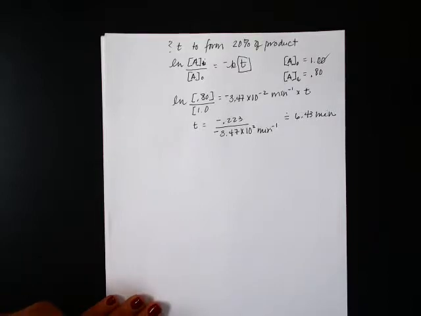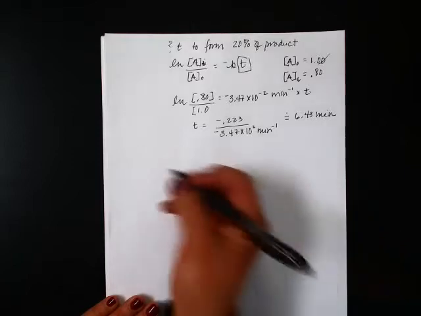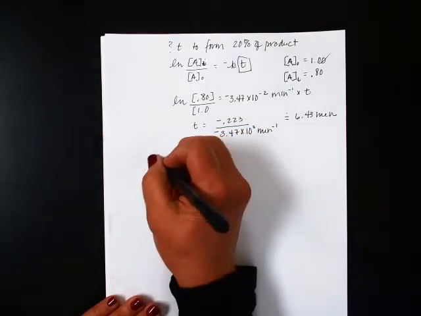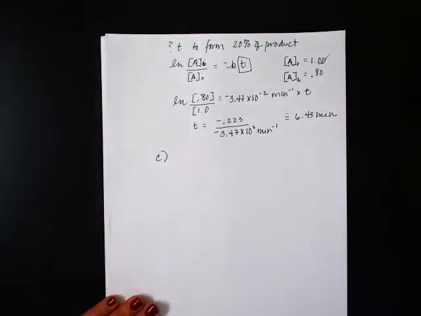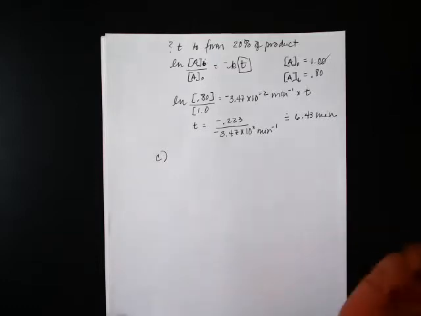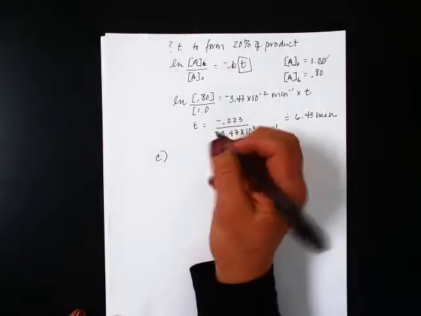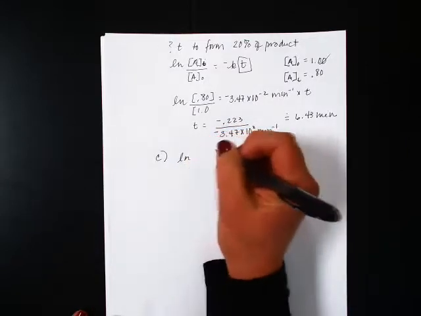And in C, we are asked to calculate how much of A remains after 15 minutes. So we are still going to use a variation of that equation.